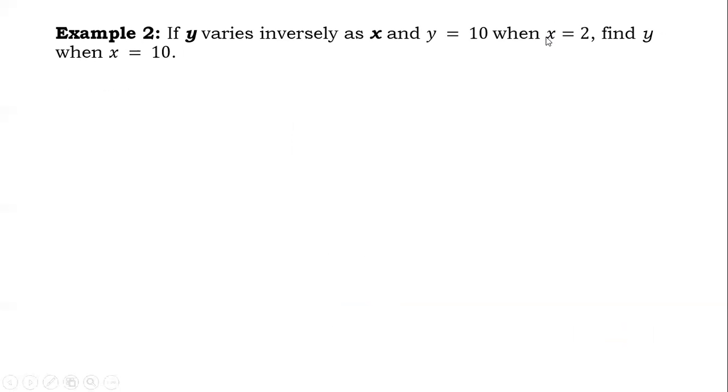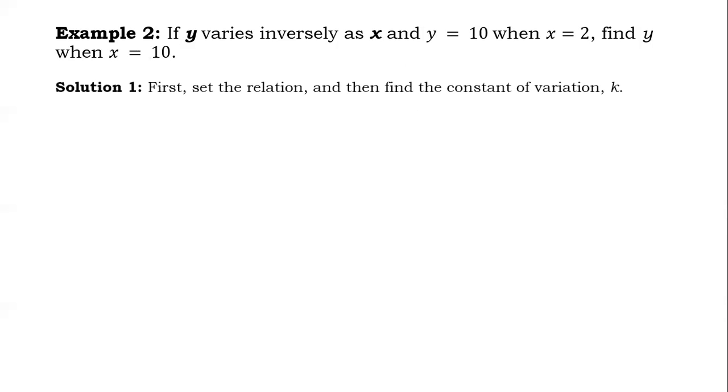So when x is equal to 2, the value of y is 10. What we're going to do here is find the value of y when x is equal to 10. First, we set the relation, or we write the mathematical equation, in order for us to find the constant of variation, or the value of k.